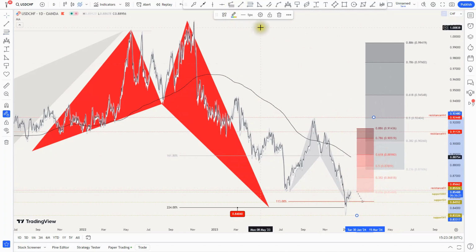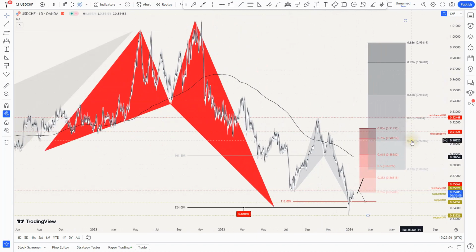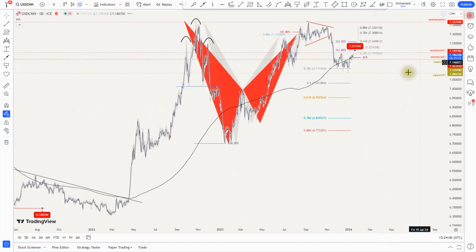So I assume we are very close to the 38% Fibonacci, just a few more points. Let's not ignore the possibility to move towards the golden Fibonacci level. Just a few more points above, we have the default targets for that major bullish shark pattern at the 38% Fibonacci level, as I mentioned before. So pay attention to these potential moves on the dollar CHF.